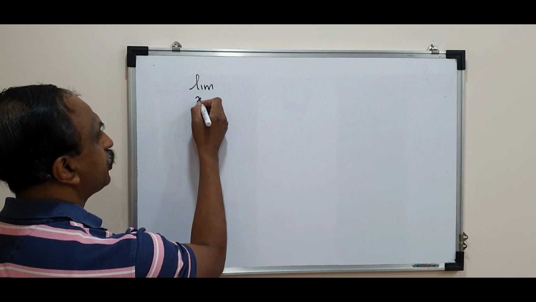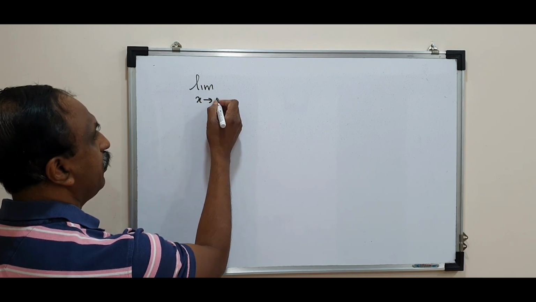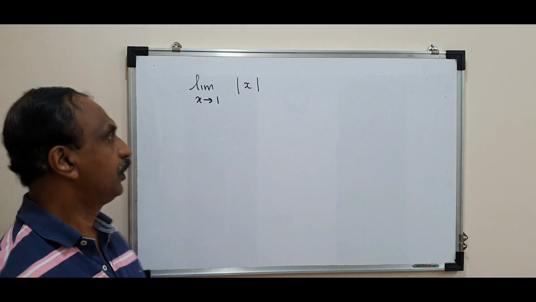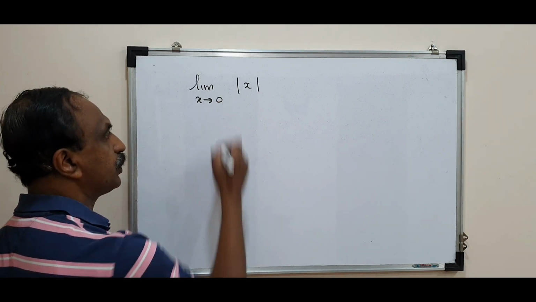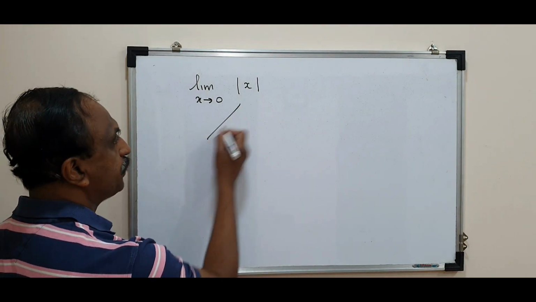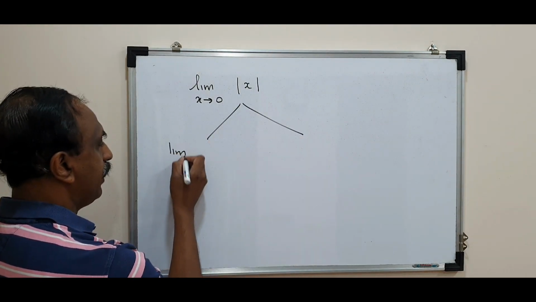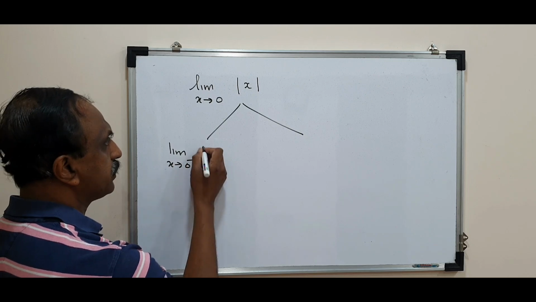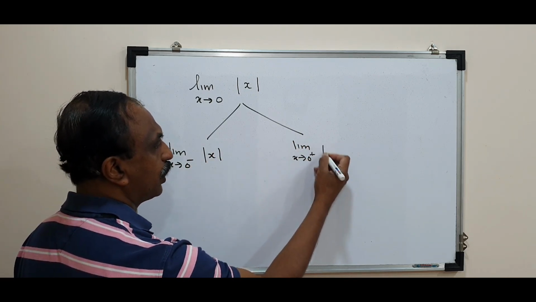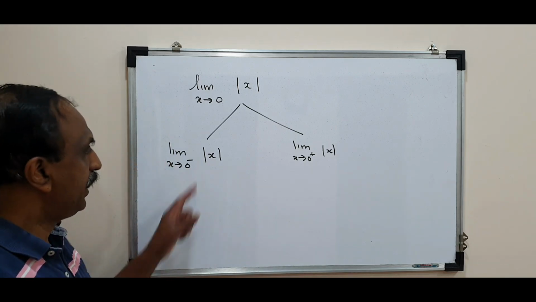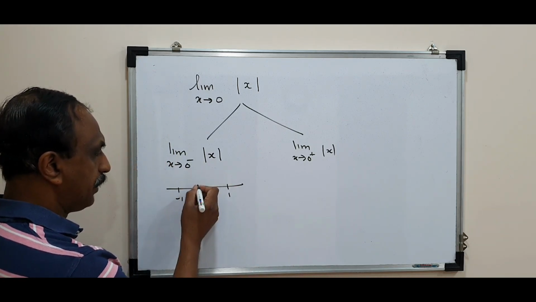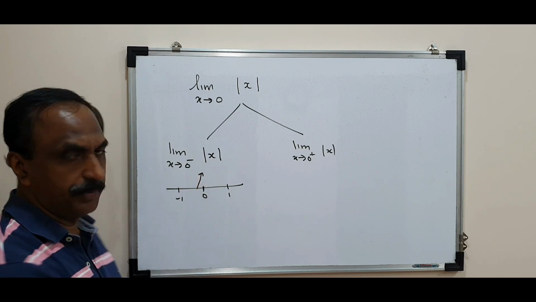Limit x tending to, let's say, 1, modulus of x. Okay, let me take limit x tending to 0. That means there are two possibilities. One is the left hand limit, x tending to 0 minus, modulus of x. The other is limit x tending to 0 plus, modulus of x. When x is a number near 0, that means x values are negative numbers.